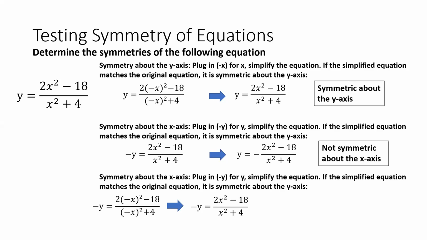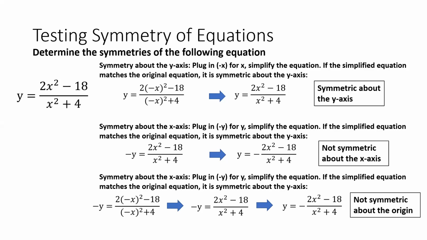Well, okay, I have negative y is equal to 2x squared minus 18 over x squared plus 4. And that's actually the exact same thing that we saw in the previous part, symmetry about the x-axis. So I see here that I can multiply both sides by negative 1 again, but we saw above that that showed that it wasn't symmetric. And so in this case as well, it is not symmetric about the origin.